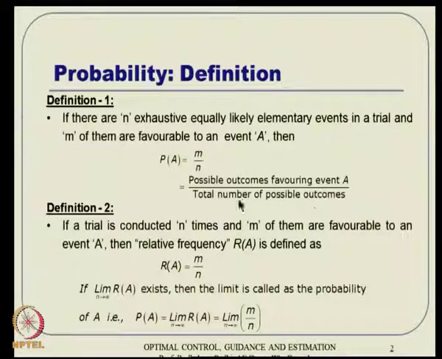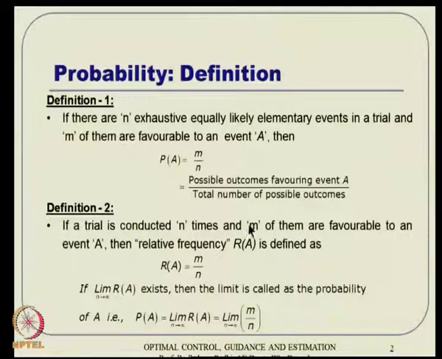Definition 2 tells something very similar, but in a slightly different way. If a trial is conducted n times and m of them are favorable to an event A, then there is something called the relative frequency R_A, which is defined as m over n. It does not define probability directly.